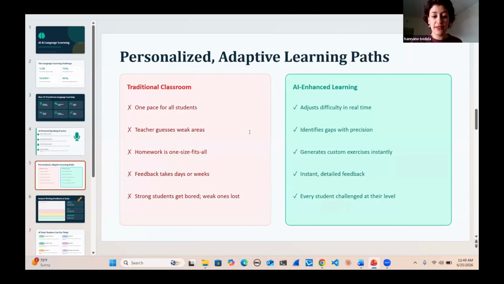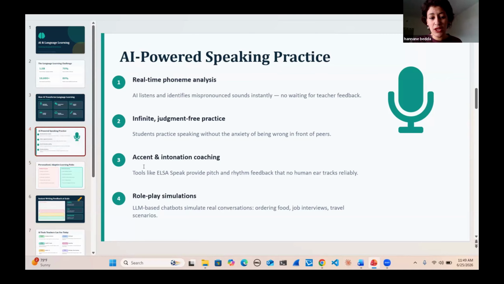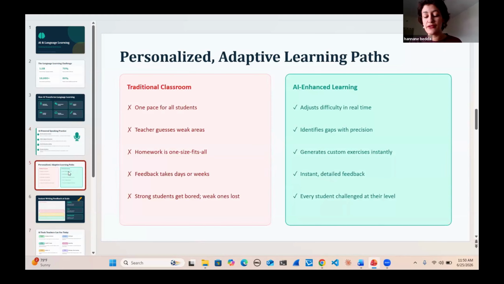We have accent and intonation coaching. Tools like Elsa Speak provide pitch and rhythm feedback that no human ear tracks reliably. And we have role-play simulation, where a large language model-based chatbot simulates real conversations like ordering food, job interviews, and travel scenarios.